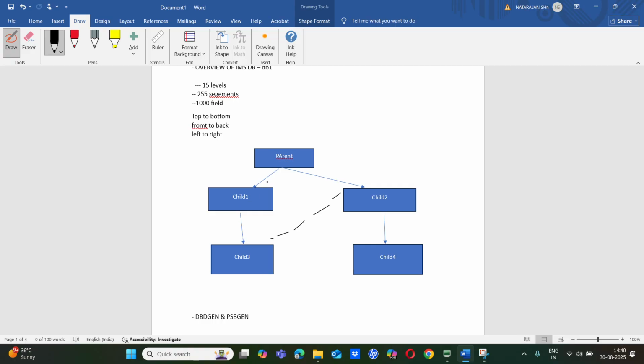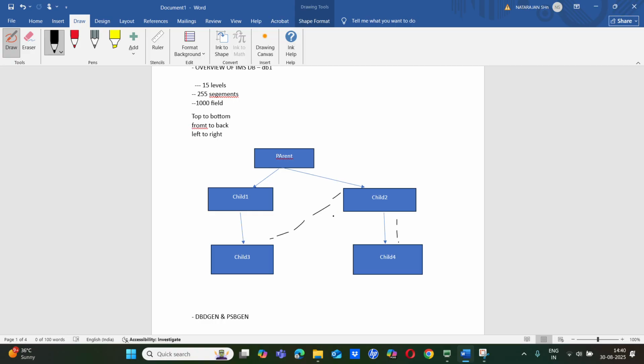Whenever you issue a call, it travels from the parent to child 1 and child 3, and in the hierarchical way it goes to child 2 from left to right, and then from child 2 it goes to child 4. That's how this hierarchy works.